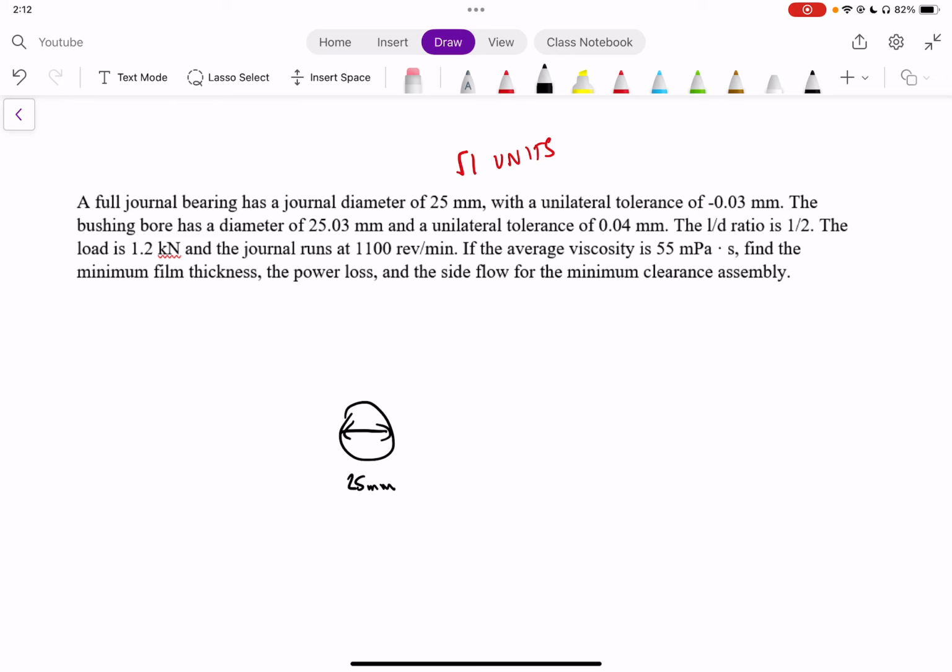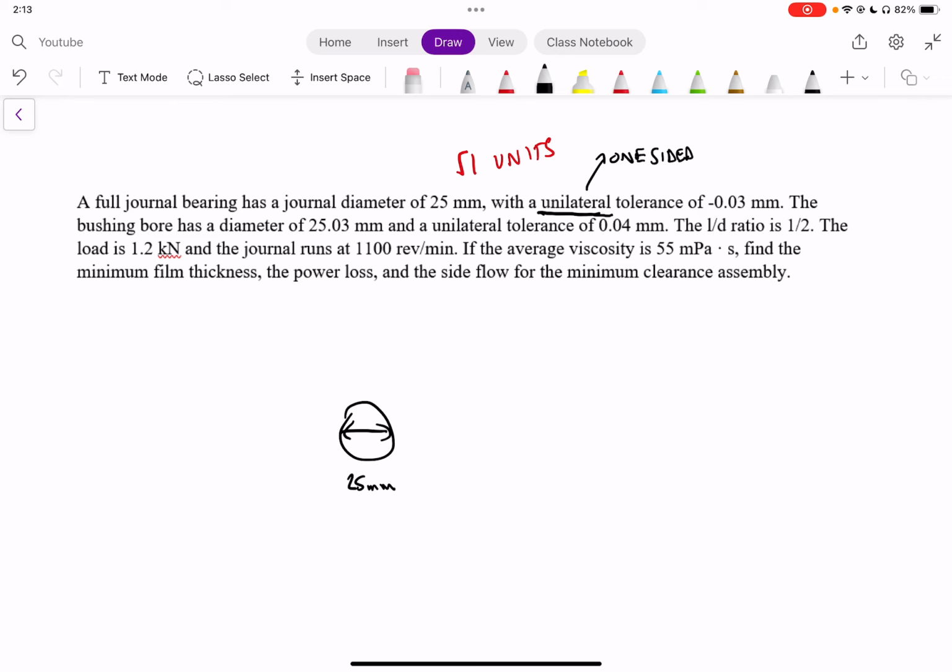Unilateral means one-sided. So the machine shop people are essentially told that you can only have a tolerance in one direction. We have to make sure our journal diameter does not exceed 25 millimeters. It can be 24.97 millimeters, but it can't be 25.01 millimeters.